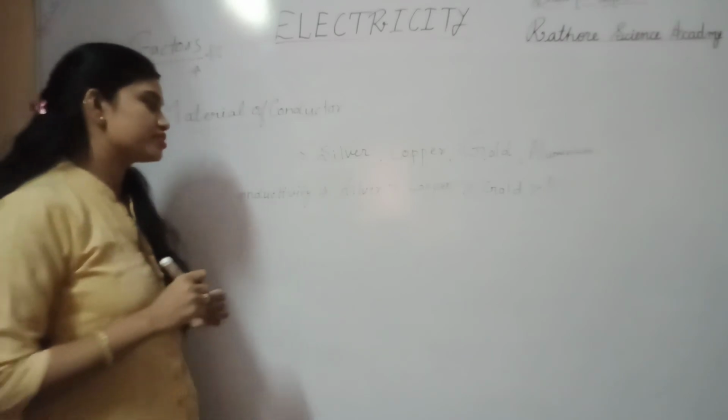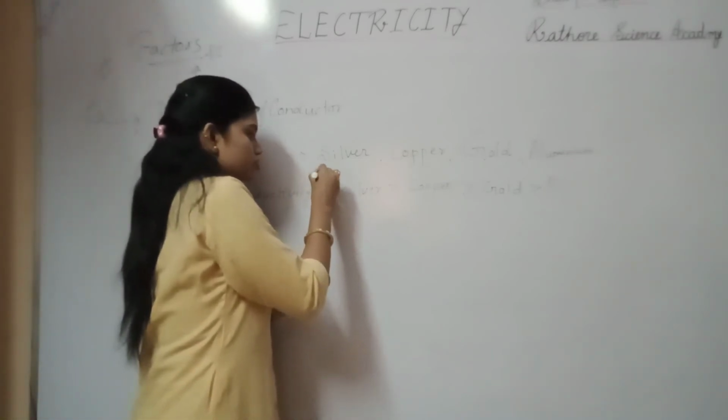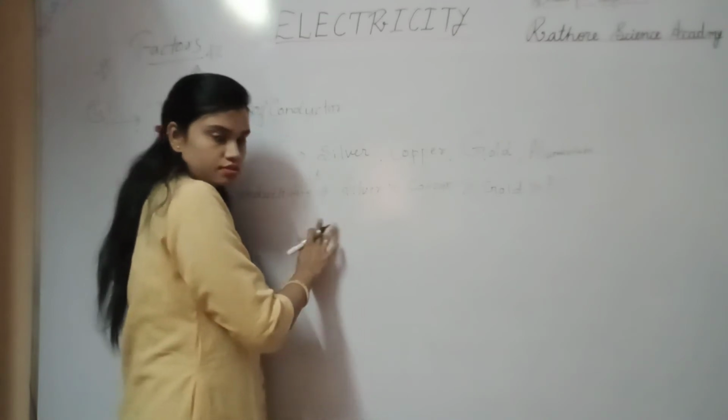In case of resistance, if I is good then R will be less, that means just opposite of it.